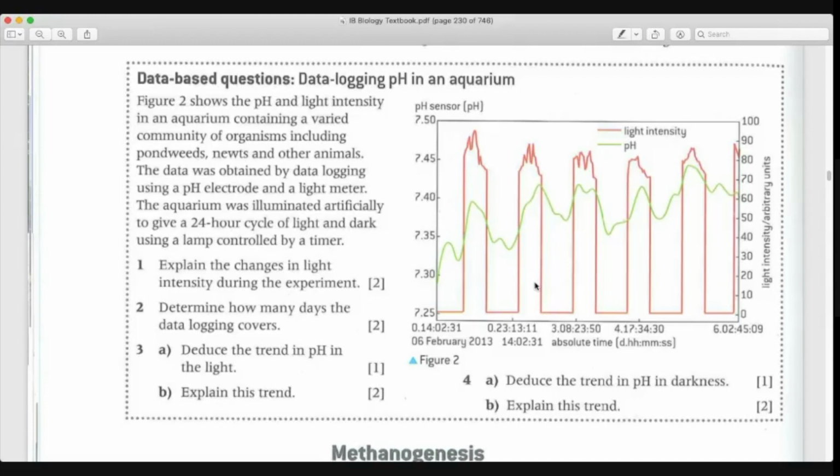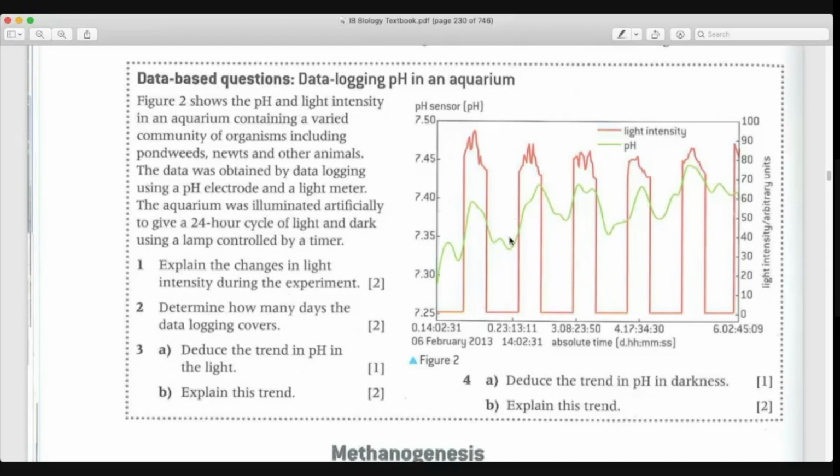Explain this trend: deduce the trend in pH in the darkness, and explain the trend. What this is doing is introducing a practical investigation applied to what is really a mesocosm, which is a system that might be open on the top, but it's an open system mesocosm, where you control a part of the natural environment and you get experimental evidence to show that these aquatic plants are taking in carbon dioxide when they get a lot of bright illumination, and they are just respiring and surviving once the lights are off.